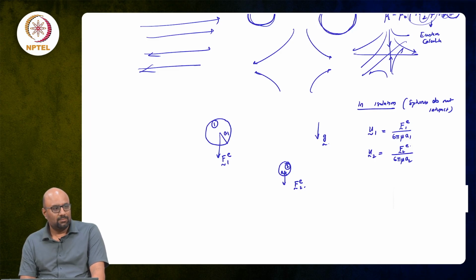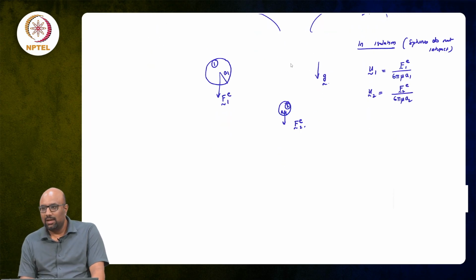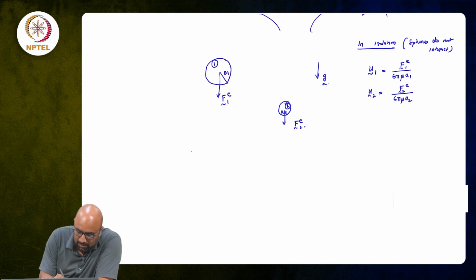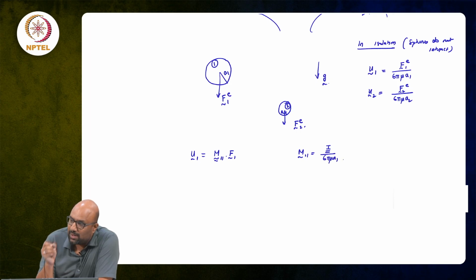Now, the question is, if I want to write this in terms of a mobility form, I can write this as U1 = M11 dot F1, where this mobility is the identity matrix by 6 pi mu A1.